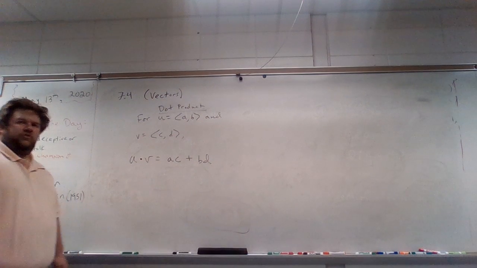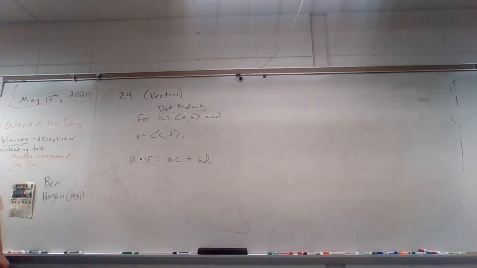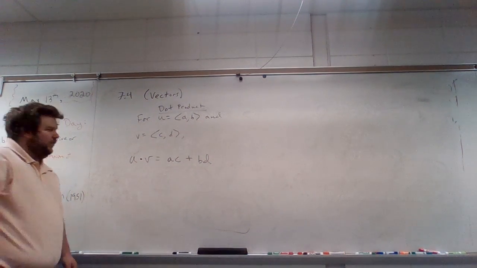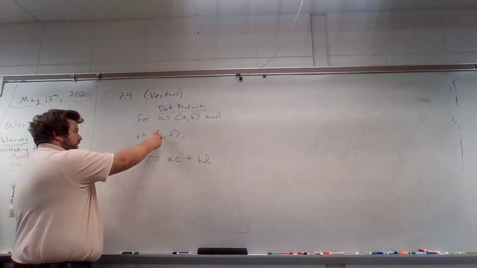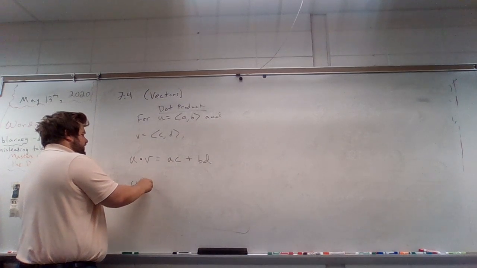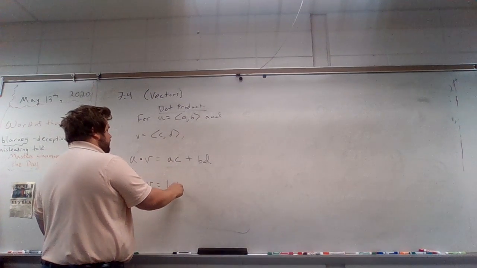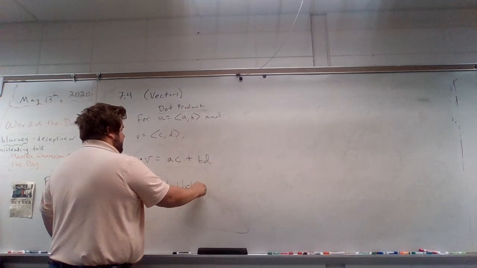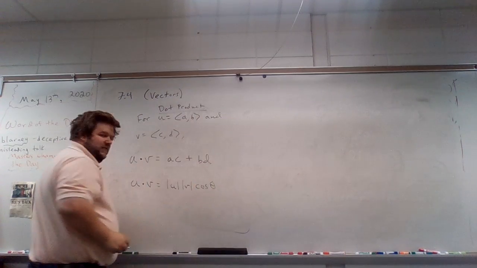And that's one formula for our dot product. There's another formula that I'm going to give you right now for that same dot product, and that is U dot V is the magnitude of U times the magnitude of V times the cosine of theta.